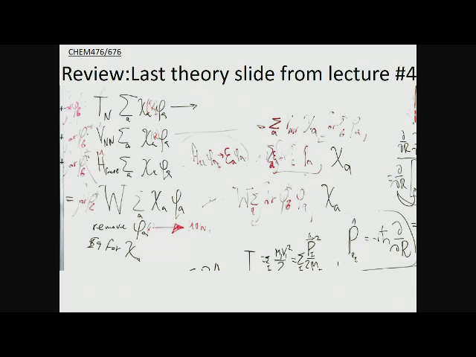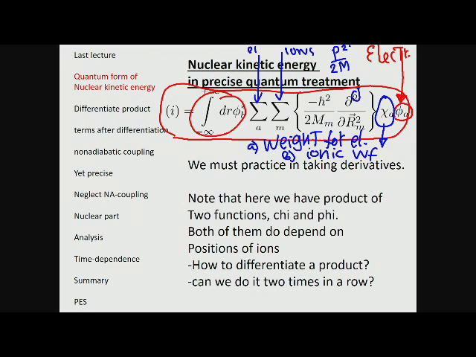We have care for swapping operators and eigenfunctions in their order, because operators may change their functions. So we are going to look at this capital T, chi, and phi, and see how they can be swapped, how they can be processed.